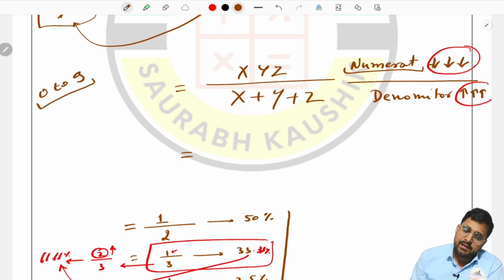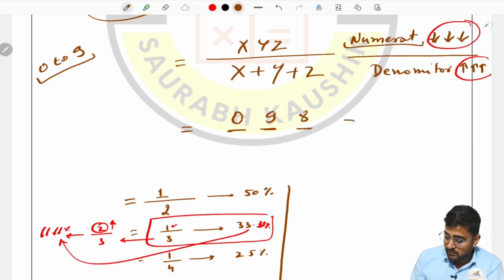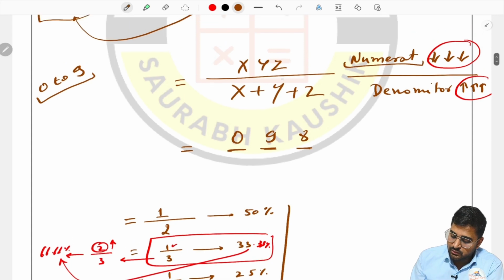At the place of x, how many numbers can you put? If you put 0 here and put 9 and 8, you can call them 98, not 098. So at the place of x, 0 cannot be put because it will become a 2-digit number.